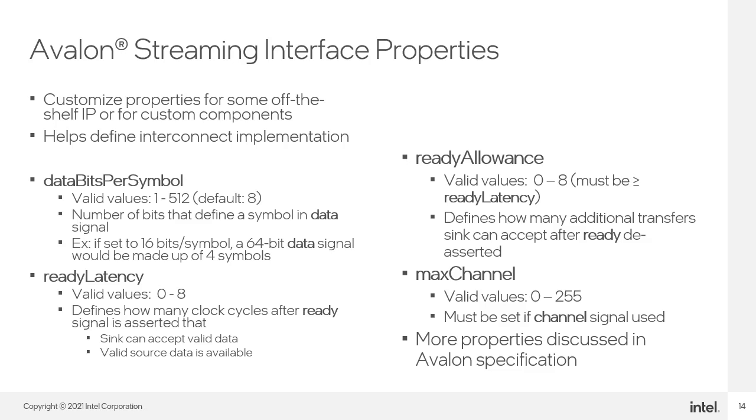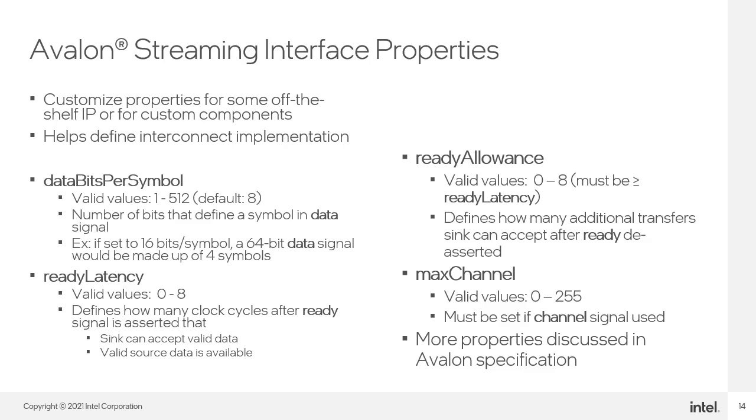The readyLatency property indicates how soon a source can send data and how soon a sink can receive data. For example, with a source, readyLatency indicates how many cycles occur between when the ready signal is asserted and valid data is actually available, or between when the ready signal is deasserted and valid data is no longer available.